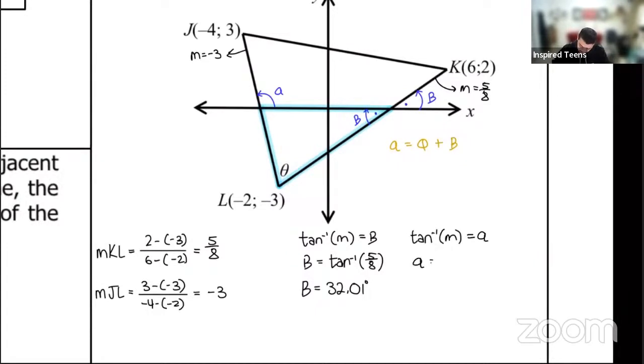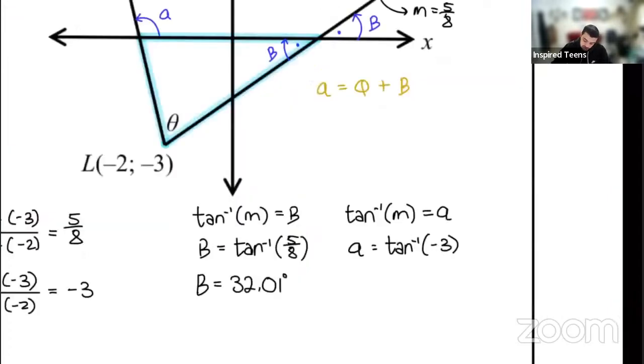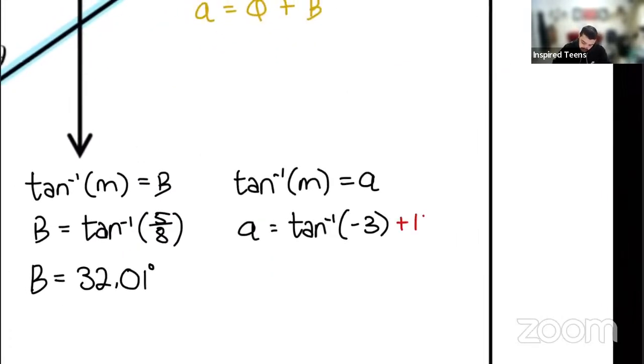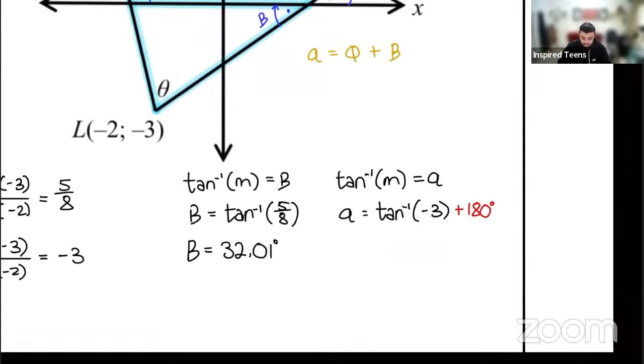Alpha can be solved by saying shift tan of the gradient of that line, which is -3. So I'm going to get a negative answer, shift tan -3. What do I do when I get a negative answer? In general with negative gradients, I just always add 180 degrees afterwards.